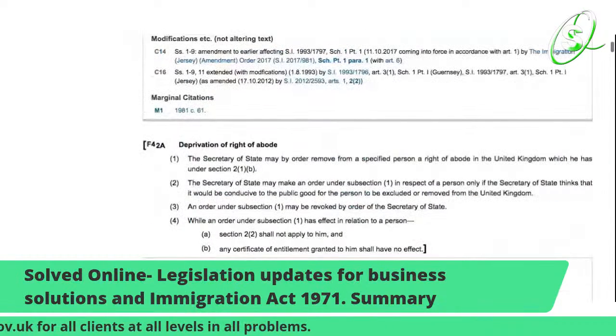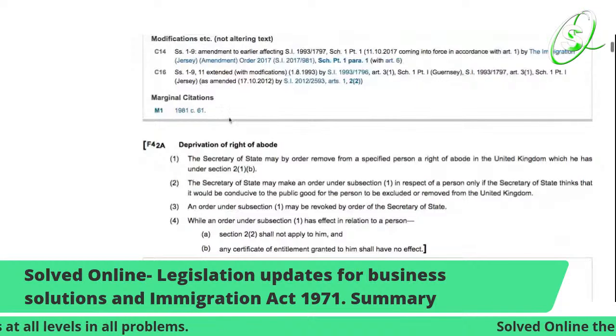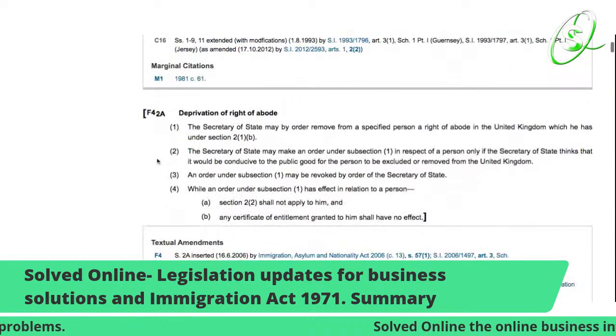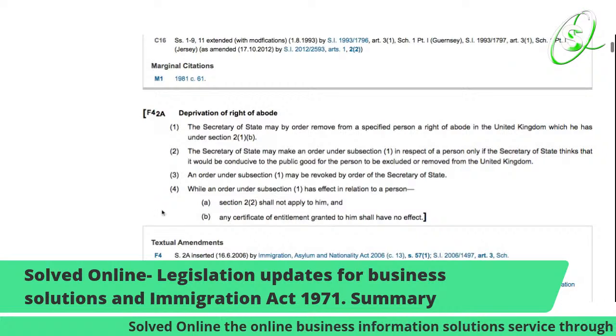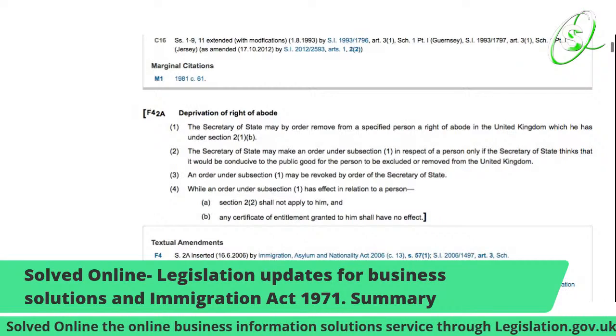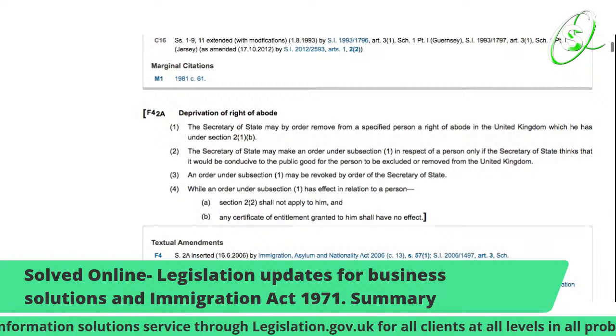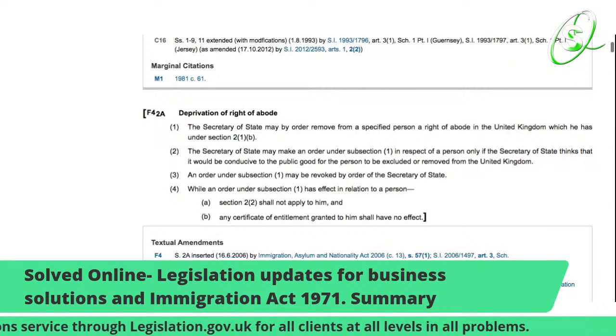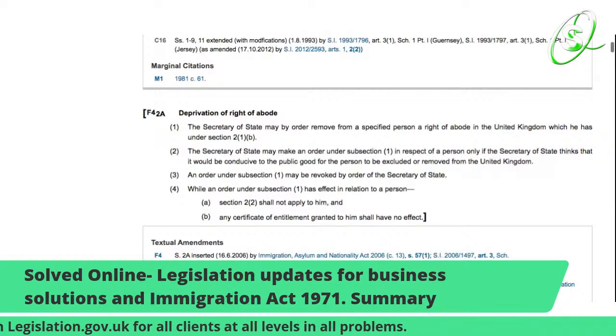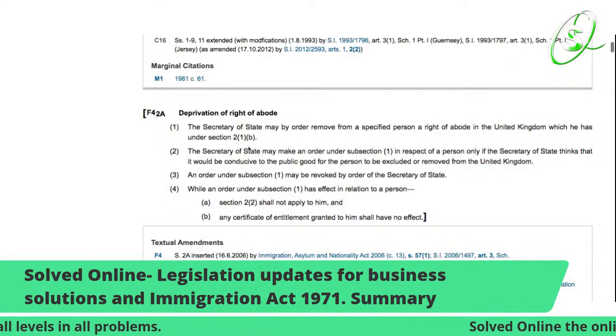Yeah, so again, based on this Act, deprivation of right of abode. One, the Secretary of State may, by order, remove from a specified person a right of abode in the United Kingdom, which he has under Section 2.1.